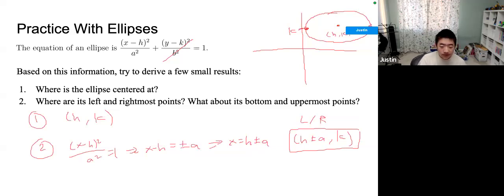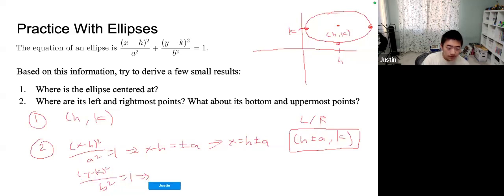And similarly for the bottom and uppermost points, the x coordinate will be h. So it'll be the first term that goes away. So we have y minus k squared over b squared equals 1, which means y minus k is plus minus b, or y equals k plus minus b.